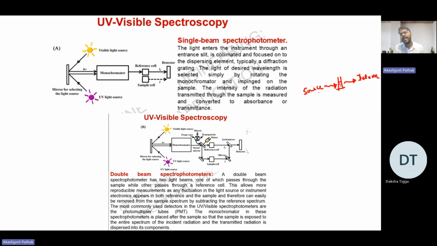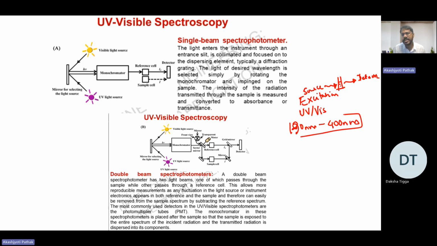So you have a source of light, and you can set the source of light. You can have different excitation wavelengths. These UV visible spectrophotometers can excite your sample in the UV visible range. Your UV visible range will start from around 190 nanometer to 400 nanometer.